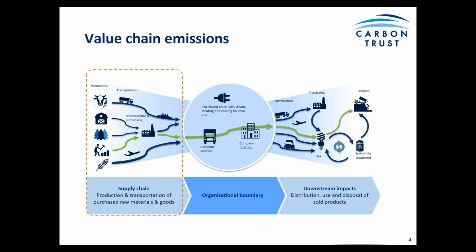And then downstream, to the right of the diagram, we're looking at all the emissions arising from the distribution of products to customers and consumers, the emissions during the life of the product, and also any emissions associated with any end-of-life treatment of that product. So when we talk about supply chain, we're talking about the upstream portion of this graph, so the extraction, processing of materials, generation of any intermediates, etc., until these products reach the boundary of the organization.